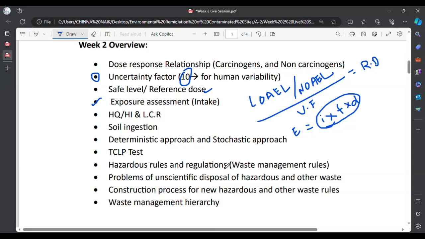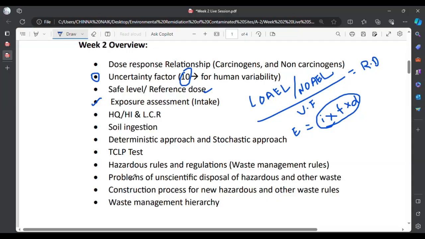lifetime cancer risk. For calculating these things we need intake, that is, how much of the carcinogens or toxic compounds are taken in by the human being through different routes like dermal contact or ingestion. So intake is an important parameter.